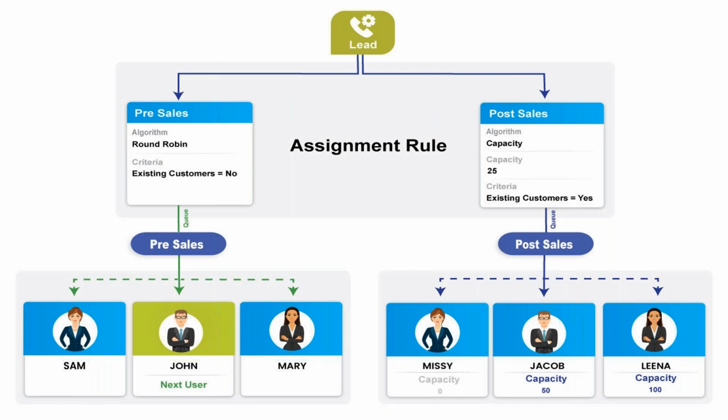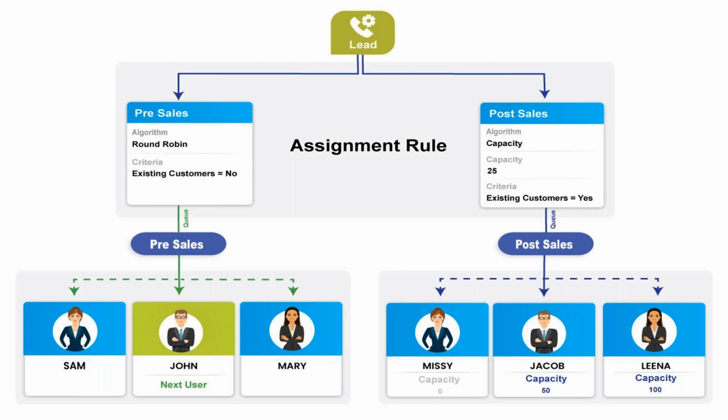Now, in the current situation, we see that Missy, the resource, does not have any available capacity as she has exhausted all her units. The next one is Jacob. Currently, he has the available capacity of 50. Now, if the lead is assigned to him, 25 units from his available capacity will be reduced, and then he would be left with only 25 units. The next lead would be assigned to Lena.